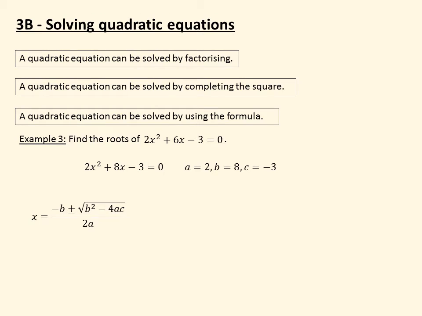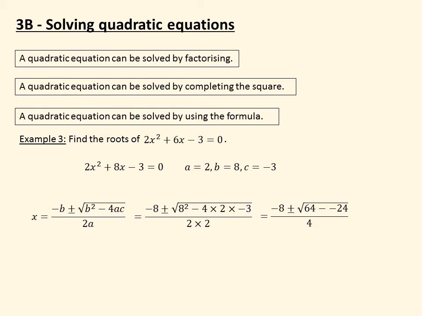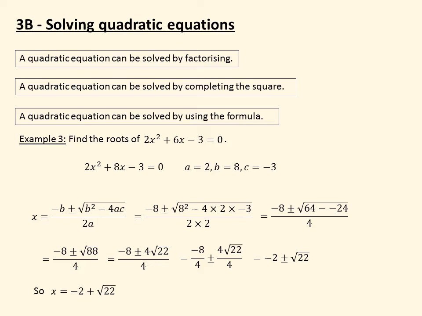We can then substitute these values into the formula. Then we can simplify, and so the roots are -2 plus root 22 and -2 minus root 22.